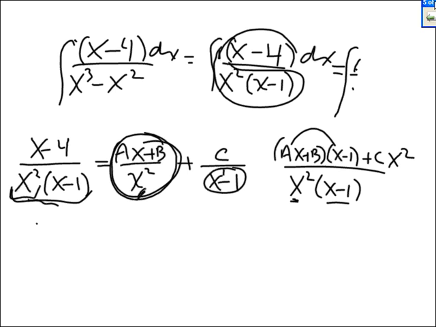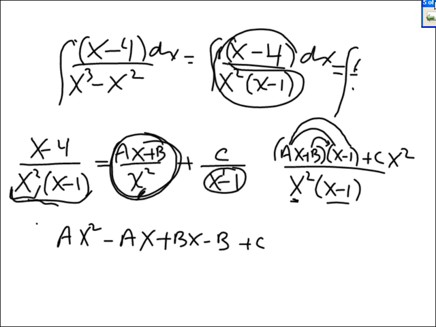So we get ax squared minus ax plus bx minus b plus cx squared, which is a plus c x squared.